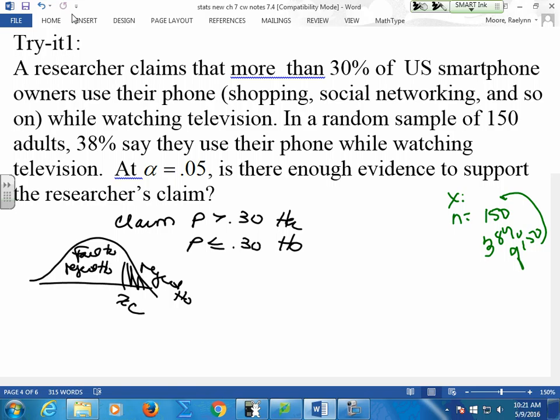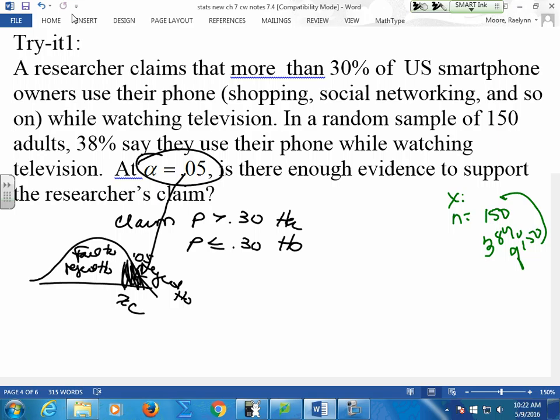This area says anything that falls in here, I'm going to reject. But if I'm looking at my z-score, this is my cutoff z-score, so that I know where my reject region starts. I don't know how big this area over here is. This area is 0.05. How do I find the z-score associated with 0.05?